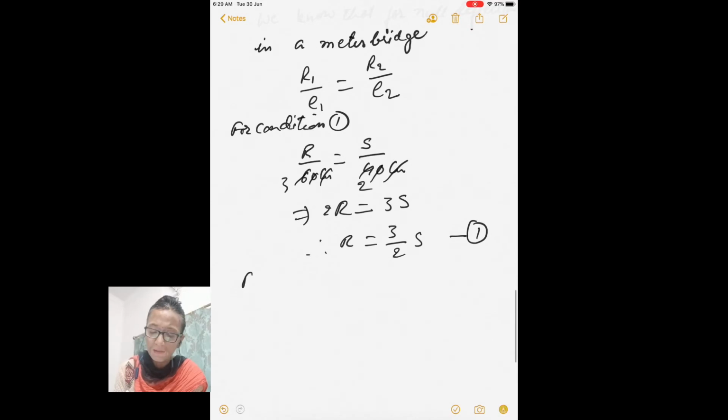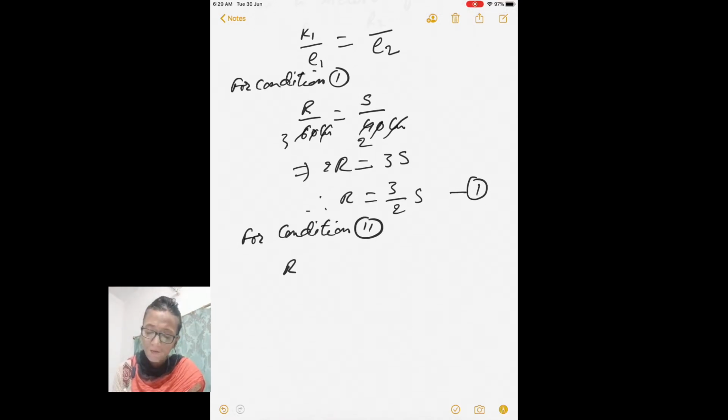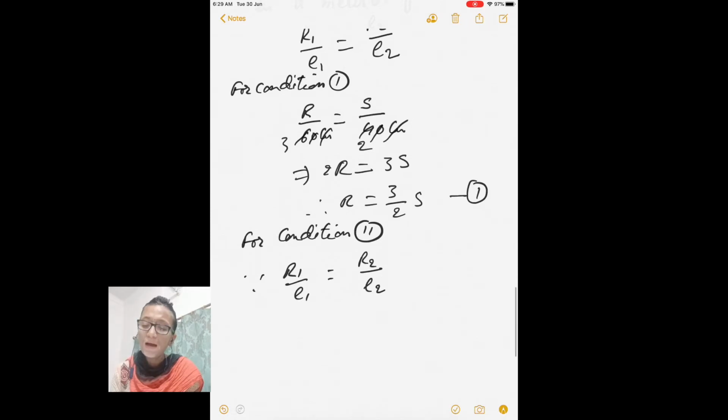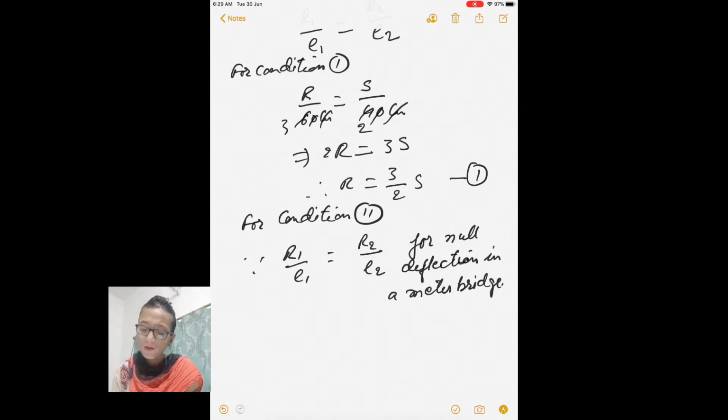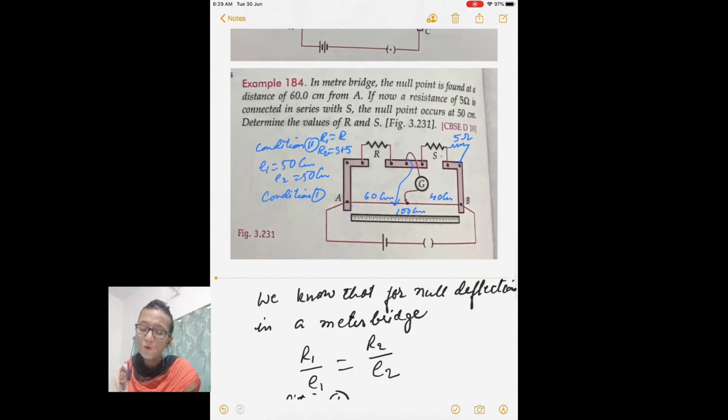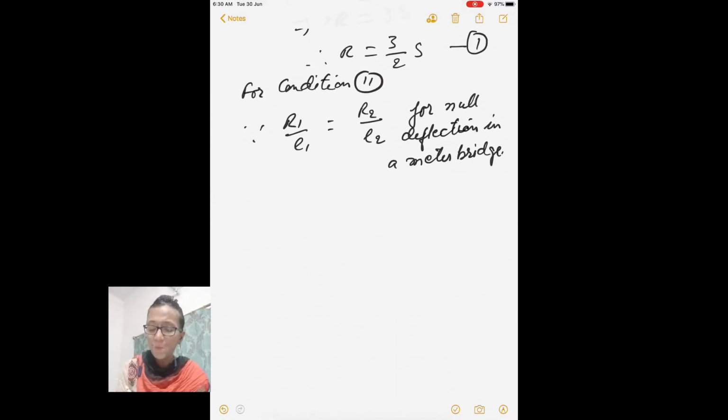So this is your equation 1. Now for the second condition, again you will be applying the formula R1 upon L1 is equal to R2 upon L2 for a balanced meter bridge for null deflection. Then when there is null deflection, see here the resistance has changed, the corresponding length has also changed, and I will be putting values of R1.